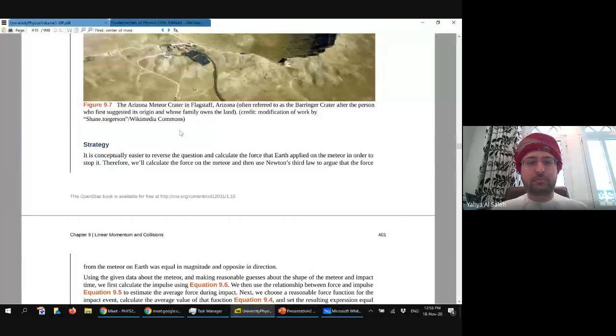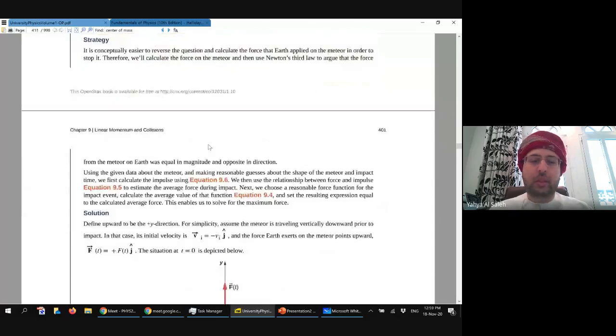Now we have two ways to solve this question. We can either calculate the force that the meteor put on Earth, or we can calculate the force that the Earth put on the meteor to stop it.